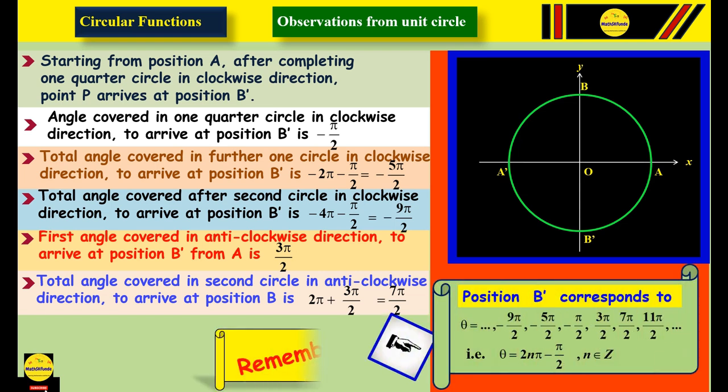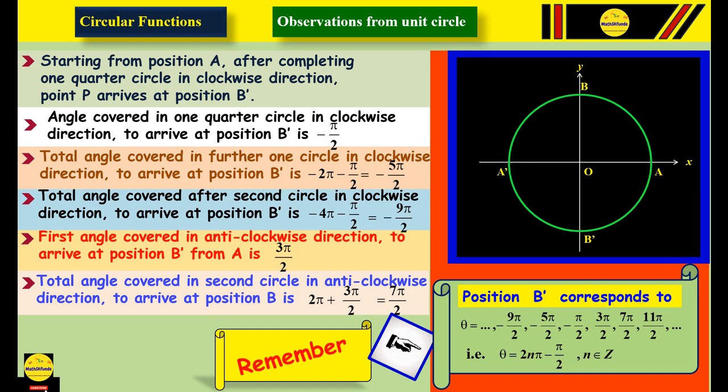Now let me make the corresponding list of angle theta. Corresponding to position B dash, angle theta is minus pi by 2, minus 5 pi by 2, and minus 9 pi by 2, which we have seen in the statements. So we have minus 9 pi by 2, minus 5 pi by 2, minus pi by 2, 3 pi by 2, 7 pi by 2. These all we have seen. I'm adding 11 pi by 2 to the list also.